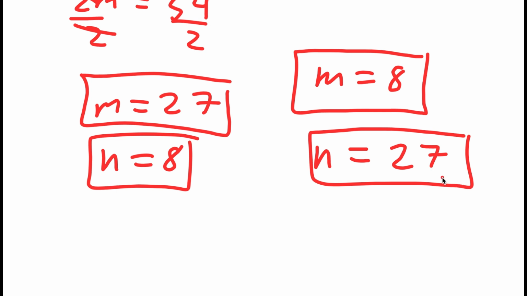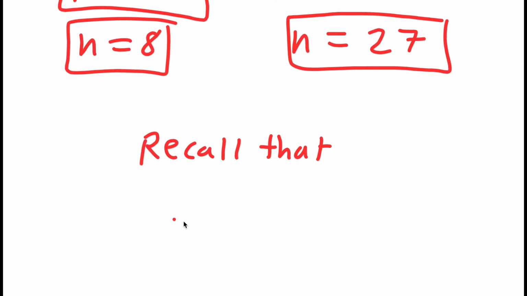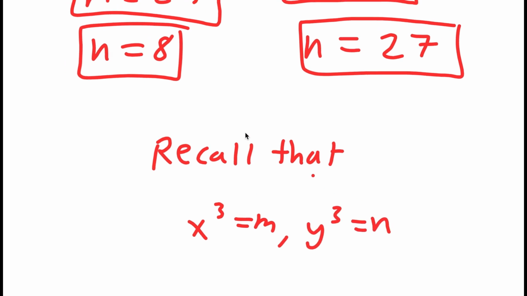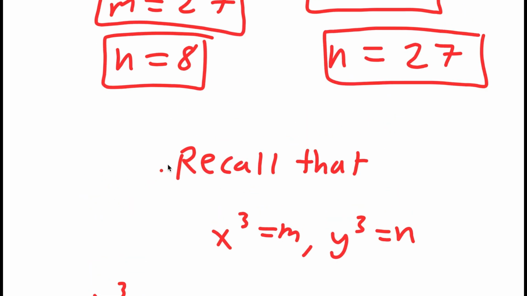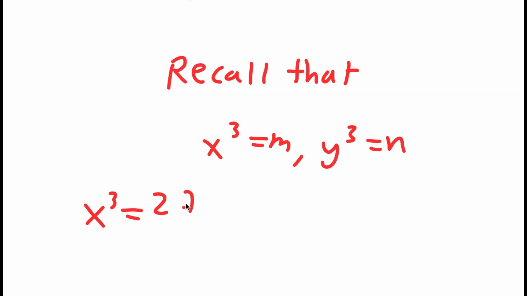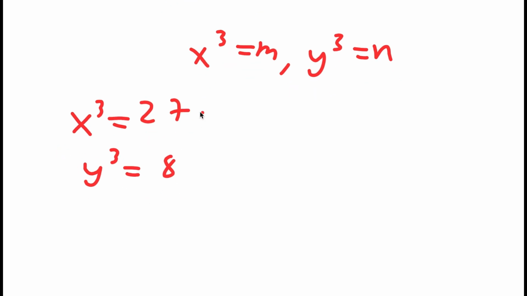And now, going back, recall that x to the power of 3 is equal to m, and y to the power of 3 is equal to n. So in this case, x to the power of 3 is equal to 27, y to the power of 3 is equal to 8. So this means that x is equal to 3, y is equal to 2.